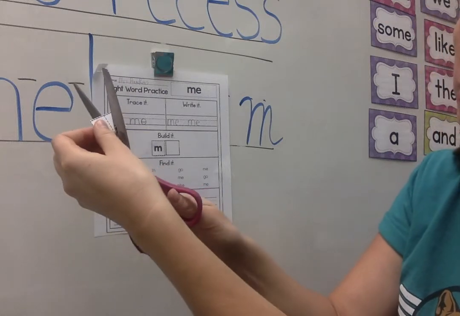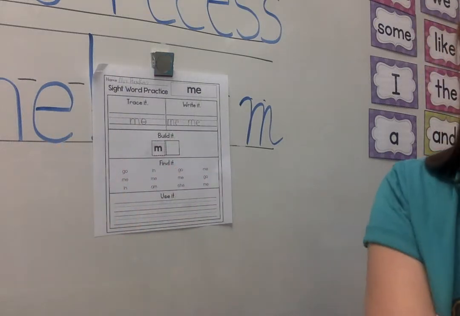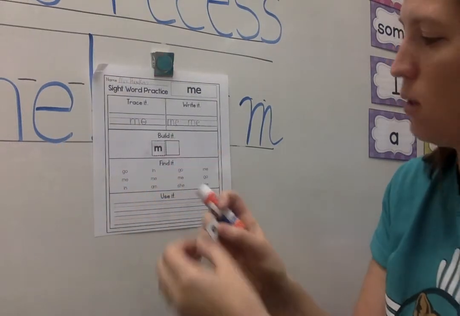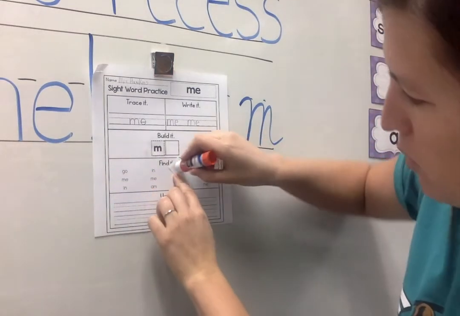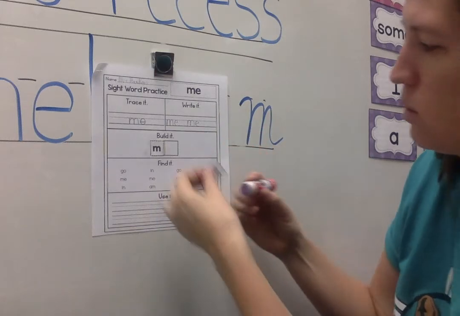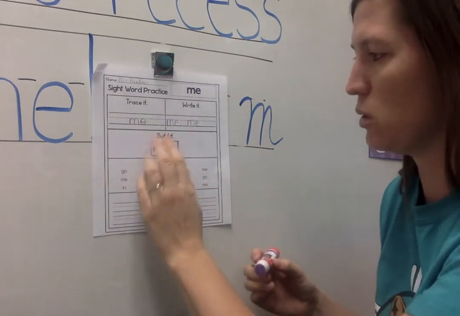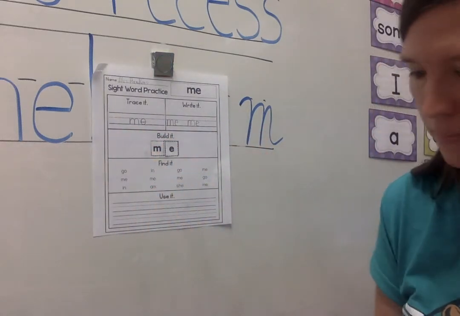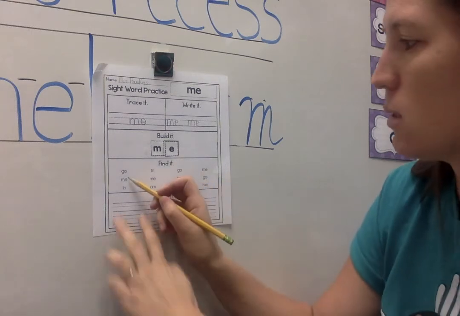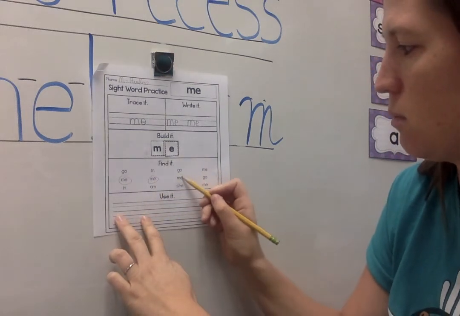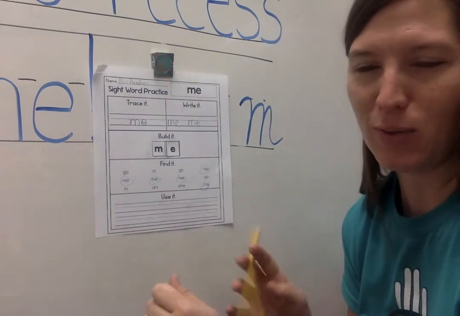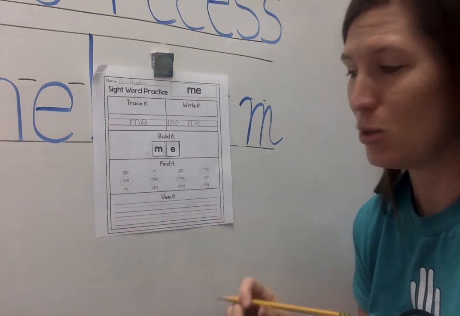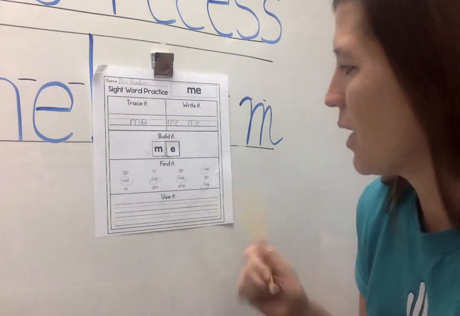Don't forget to pick your scraps up off the floor if they fall and throw them away. Flip it over, give it a little smudge. Stick it on. I built it. Me. M-E. Find it. Me, me, me. Reminds me of Sound of Music. Do, re, mi. Anyways.